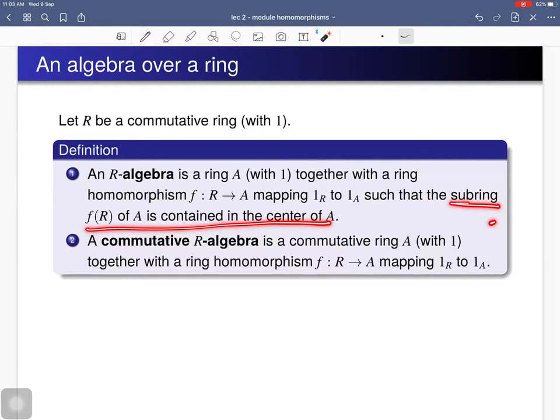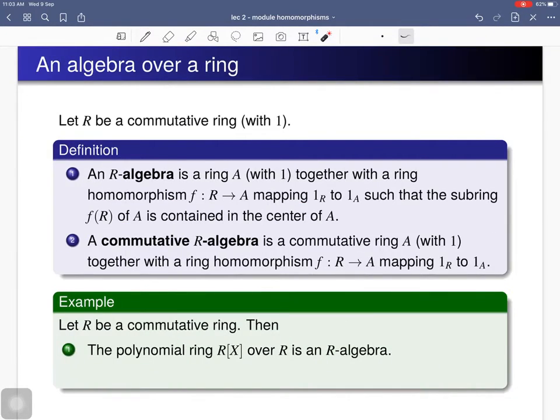Okay, because what is the center of A? It is just the collection of all those elements of A which commute with all other elements of A. So if your ring is commutative, then everything is there in the center. Okay, so in that case you don't need this condition.